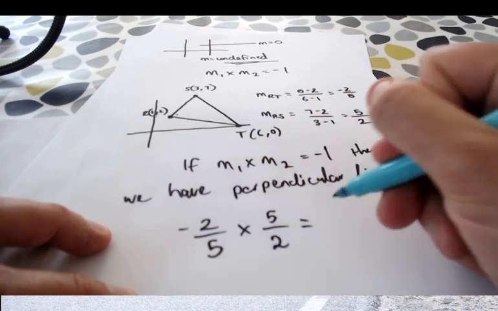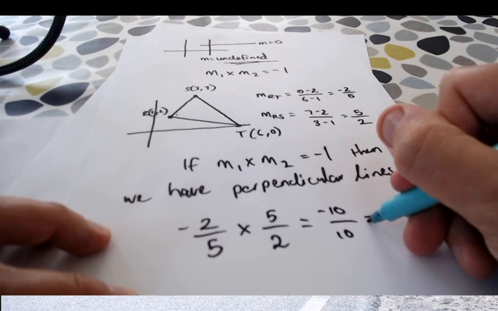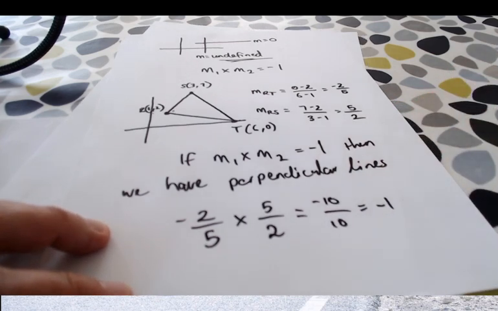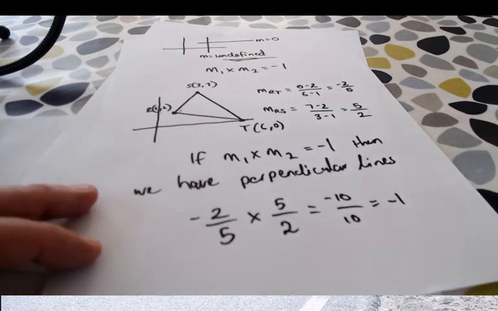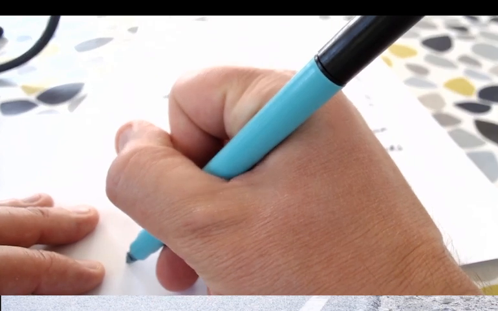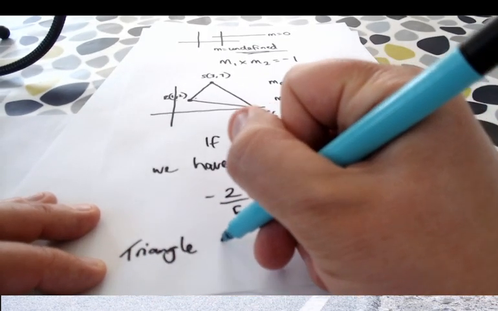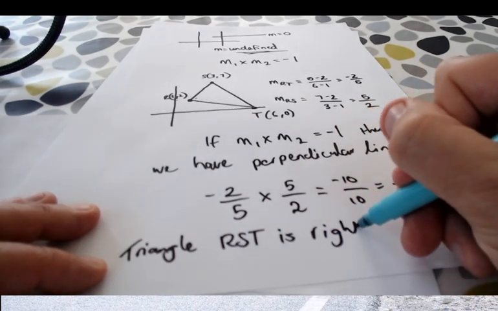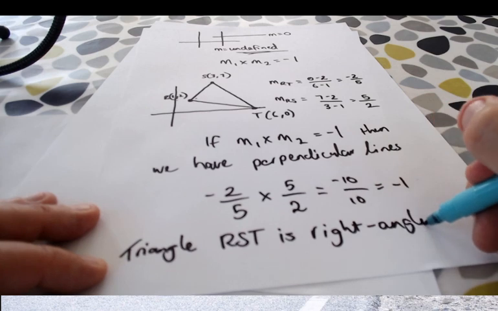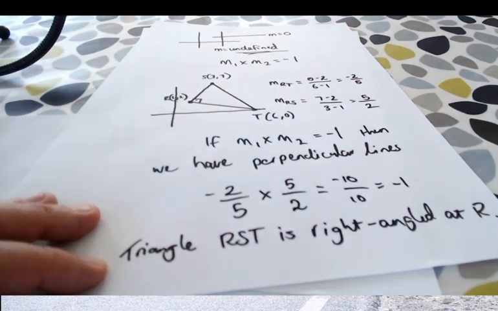What is that going to give me? That will give me minus 10 on the top, 10 on the bottom, which will cancel down to make minus 1. So in this triangle, we do have a right angle. And I would just comment at the bottom that triangle RST is right angled at R, because that is where my right angle was.